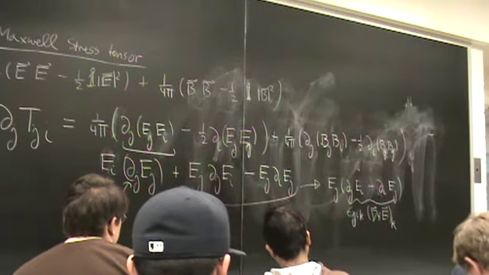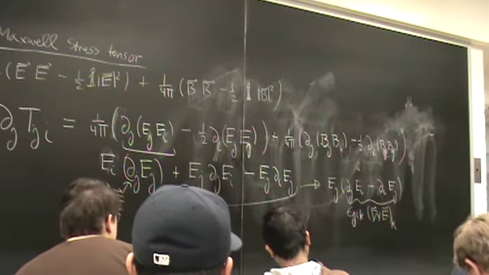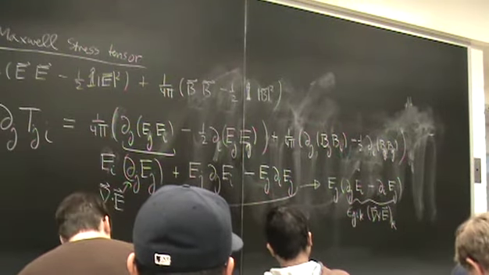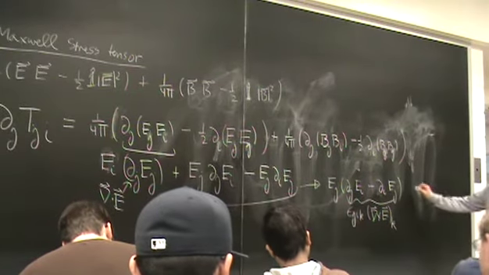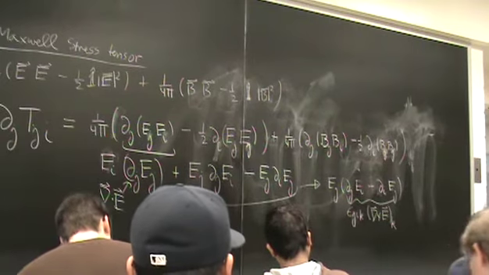So, this then, if we sum this with the epsilons, we're going to get the cross product between E and the curl of E.